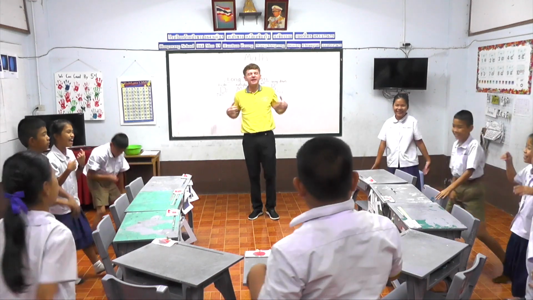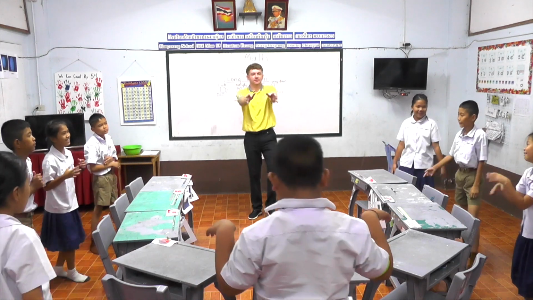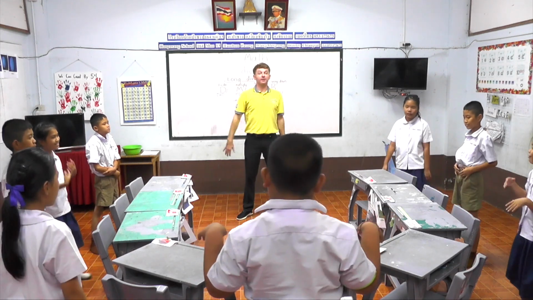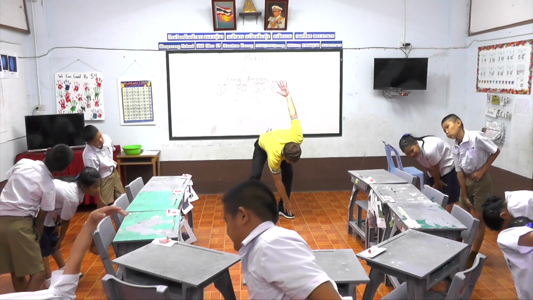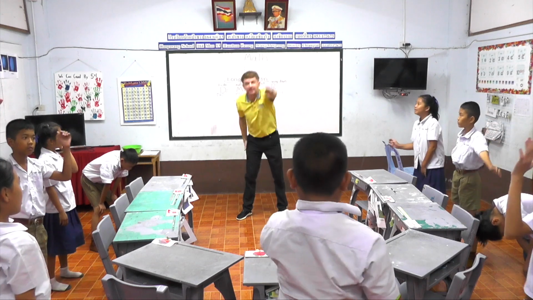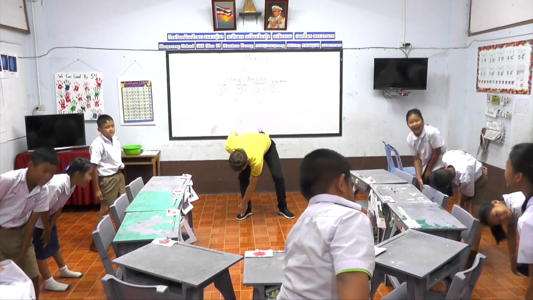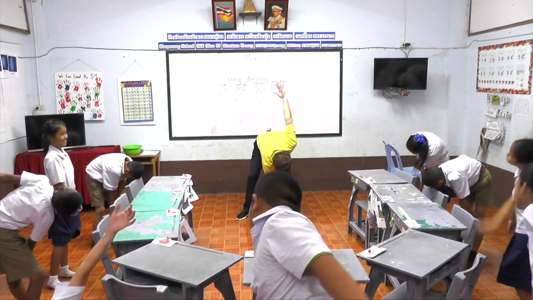Now have a shake. Arms and legs, shake it out. Have a nice shake. Next, we'll take our right hand and we'll find our left foot. Left foot, right hand. Right hand, left foot.